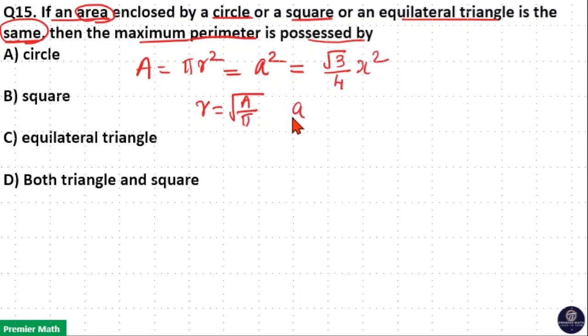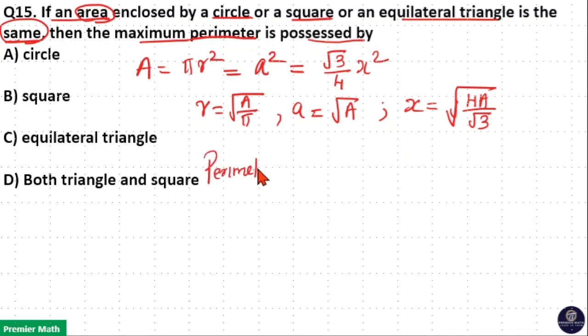Now, the side of the square is root A, and the side of the equilateral triangle x is equal to root of 4A by root 3. Now, we need to find out the perimeter of the circle, square and equilateral triangle.